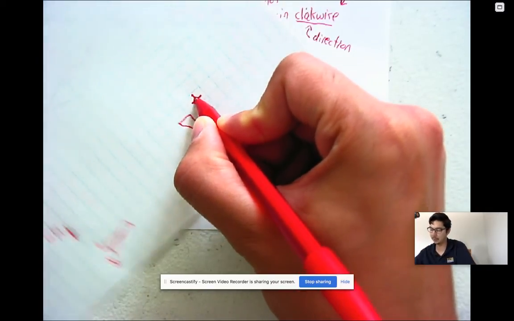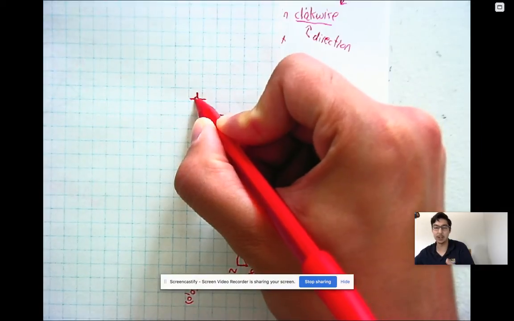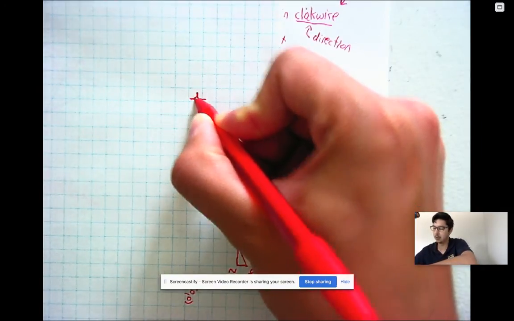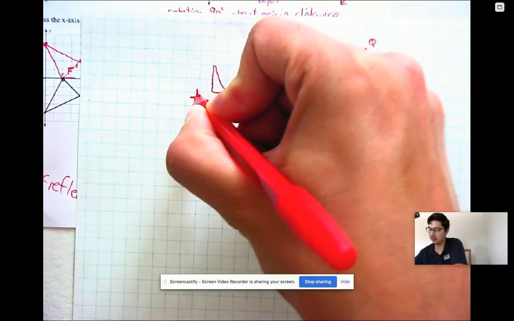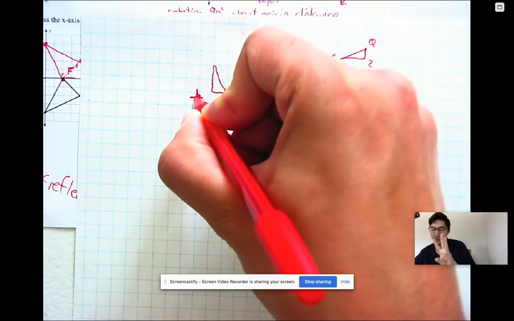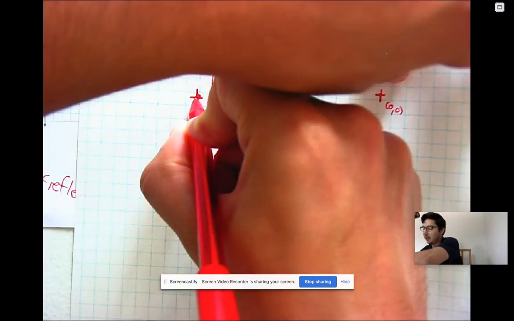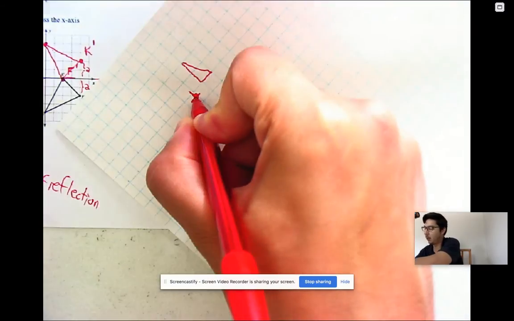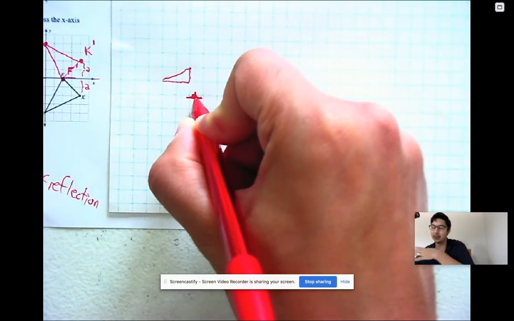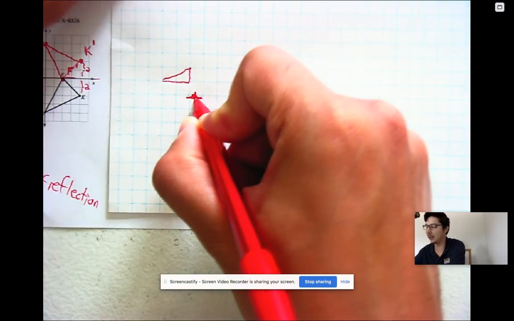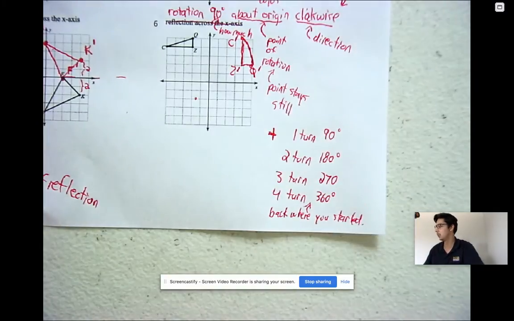Do it a second time, that's 180 degrees, two turns. A third time, the plus sign looks like a normal plus sign. That's three turns, that's 270. And notice, if I do one more, my fourth turn, I'm back where I started, 360 degrees, 4 turns of 90 degrees.